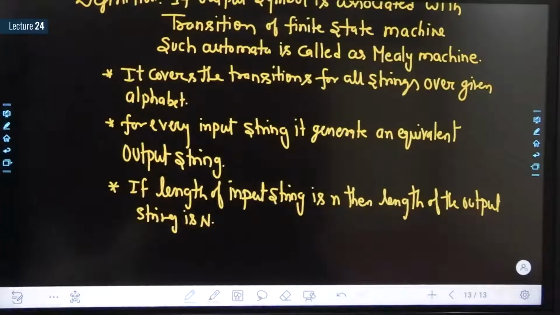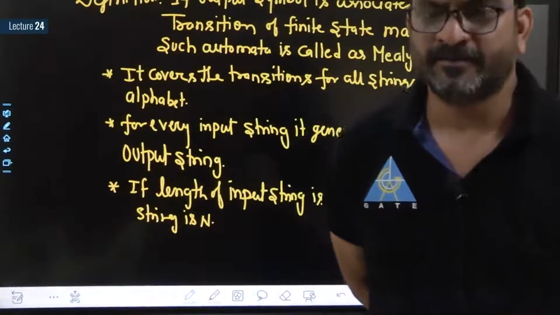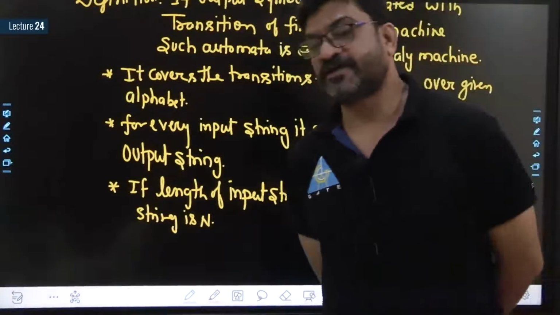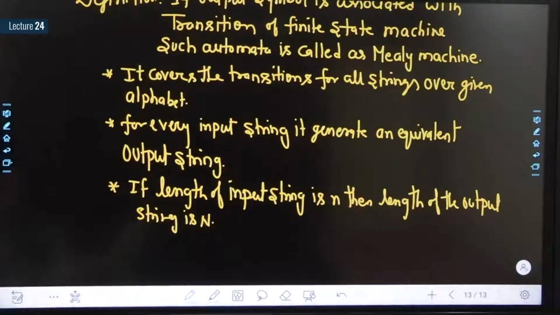If the length of the input string is n in Mealy machine, then output length of the Mealy machine is also n, but in case of Moore machine, output is n plus 1. Please note these points.